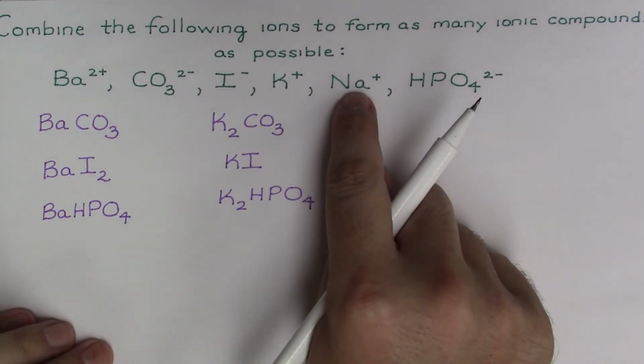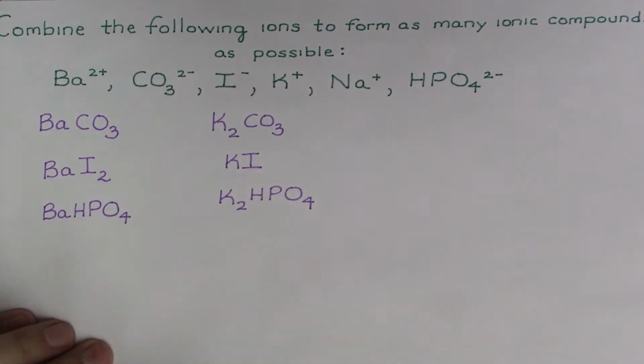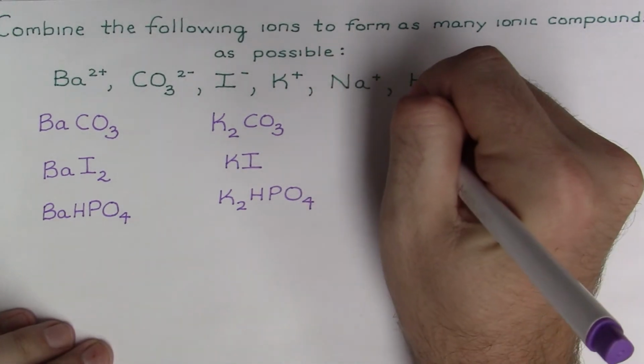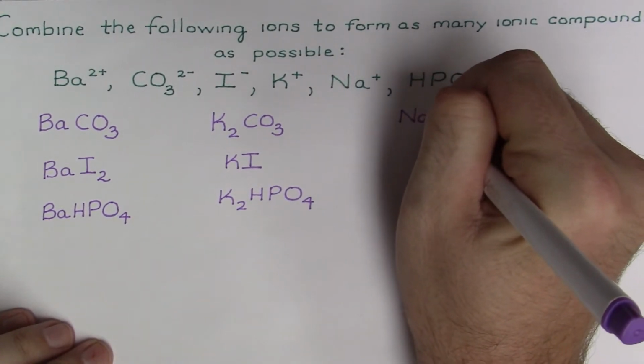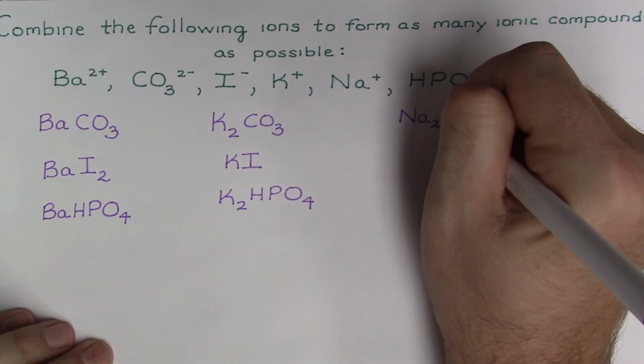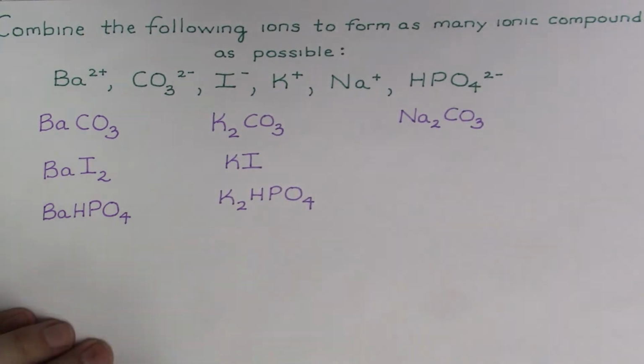My last combination is with sodium. Sodium acts very similar to potassium, so now we are going to have our sodium mixed with our carbonate, so that is Na. We need 2 of them to match with the 2- charge of the carbonate, so that will give us Na2CO3.